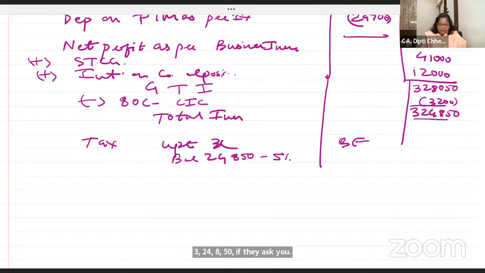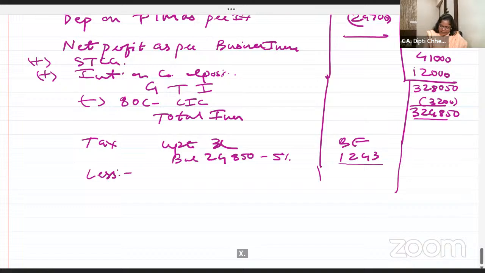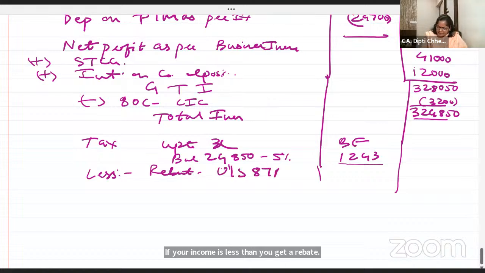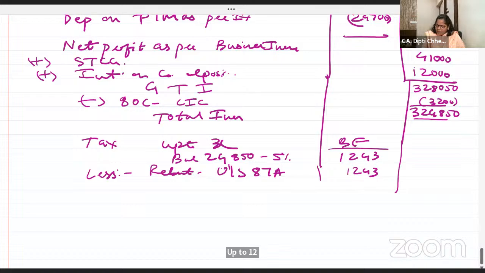5%. 1243. Tax. Less rebate. If your income is less than 5 lakh, you get a rebate under section 87A up to 12,500. तो 1243 tax पूरा आपका निकल जाएगा rebate में.